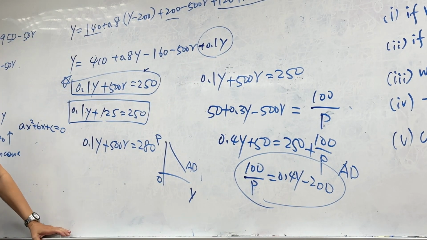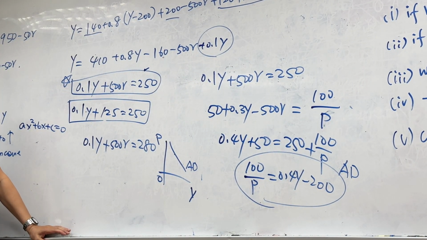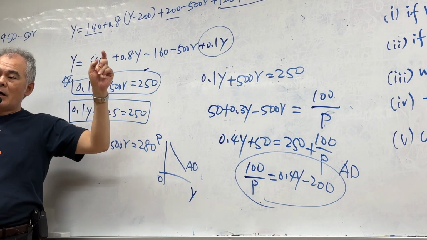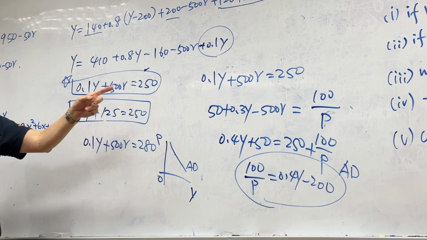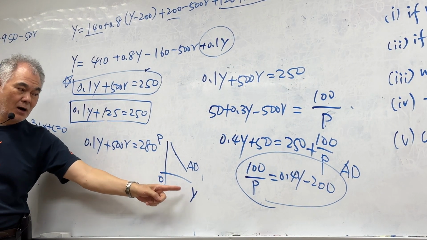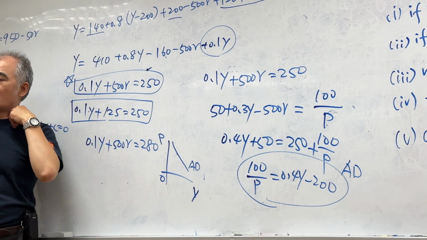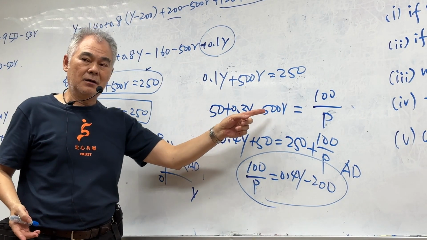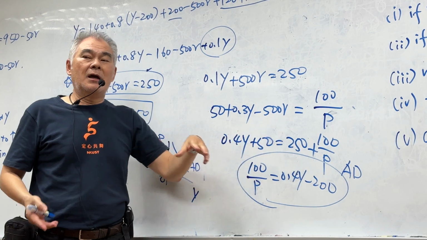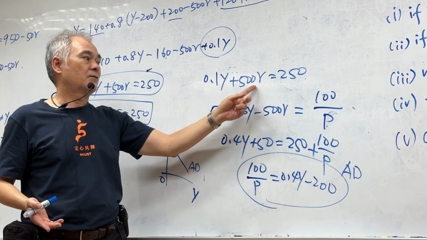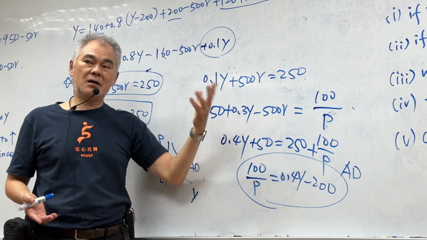Get it? The trick is that for IS-LM you have Y and R, but for aggregate demand you have Y and P. So you need to get rid of R. In this case it's much simpler because you add them together and R is gone.